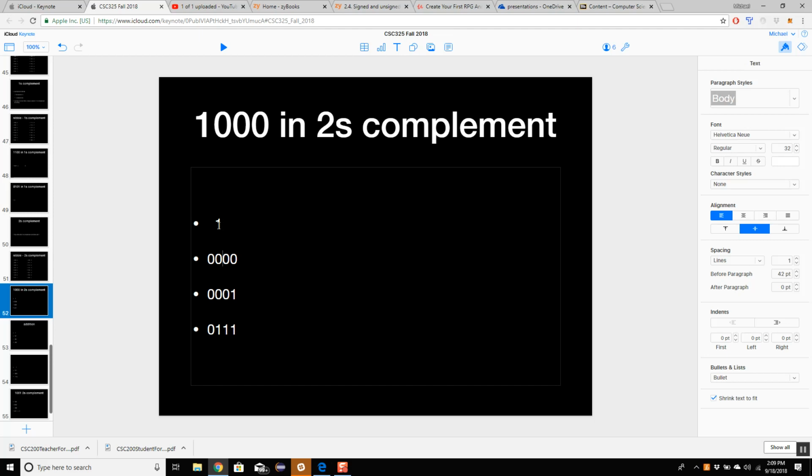Okay. So now where are we borrowing from here? Do I still have another 1 I can borrow? So I get another 1 here. And then I get another 1 here. And now I'm able to do 1 minus 0 minus 1.